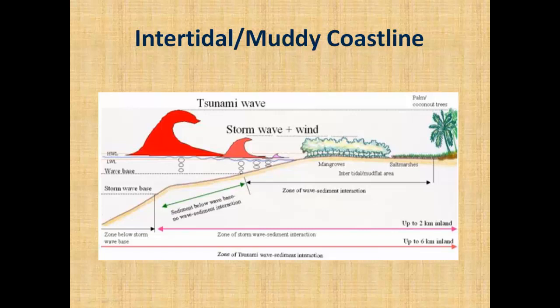And just like the clay banks, the vegetation is very important during major storm events to protect the coastline, because it reduces the height and the flow speed of the waves.